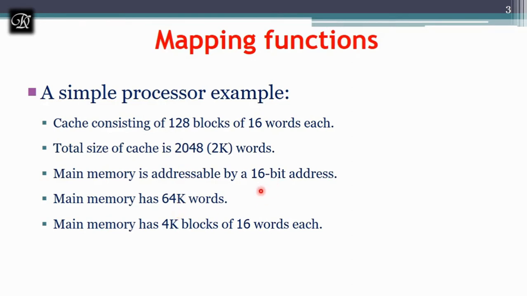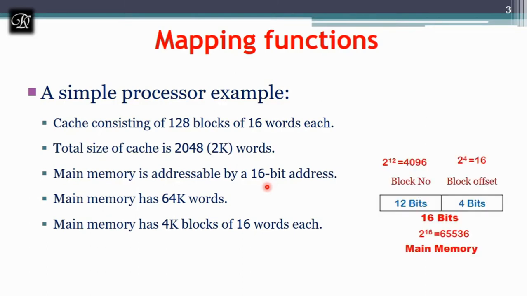By taking these 16 bits, let's divide them into different parts. As I discussed in the first video, if I take a 32-bit address, 30 bits are used to recognize the word and 2 bits are used to recognize the byte inside the word. Similarly, out of this 16, how many do I need? 2 to the power of 16 will give me 65,536.